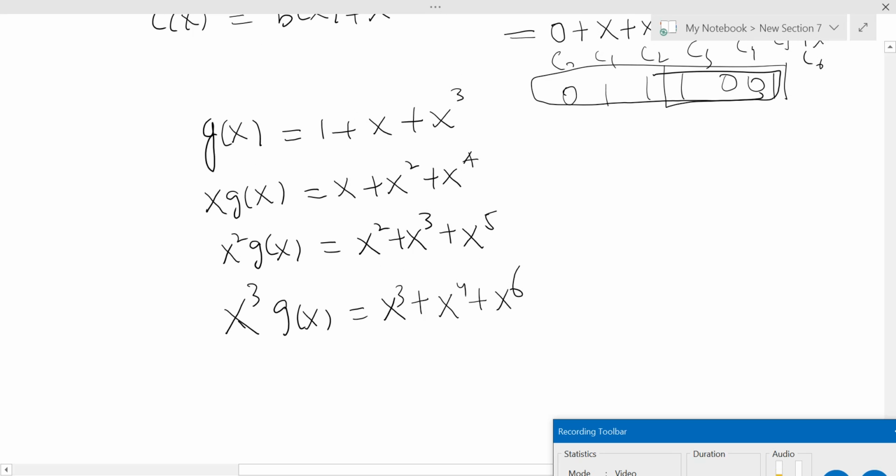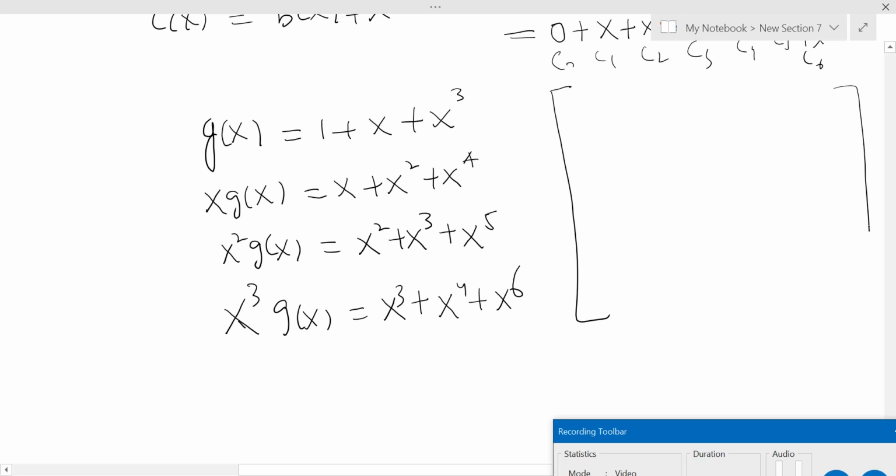See, I will write here a matrix, or let me write it equivalently. Okay, see, the first term is 1, second term is 1, right? Then x square is missing, so 0.